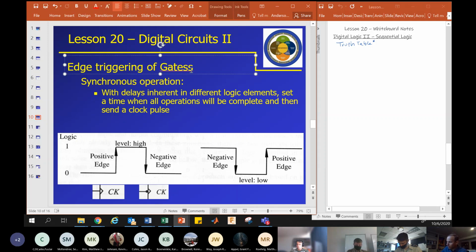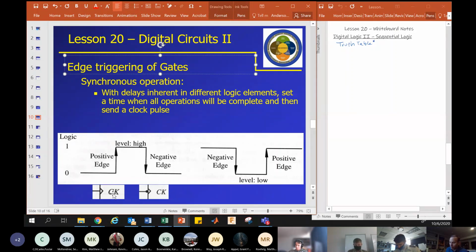Edge triggering. So you've seen this symbol on the logic diagrams, this CK or CLK, that's a clock pulse. If you see this arrow with no dot, that means it is positive edge triggered. So when the clock signal goes from low to high, that device is triggered.